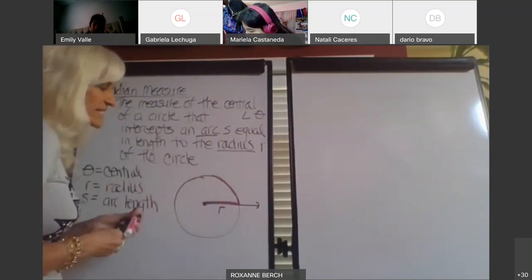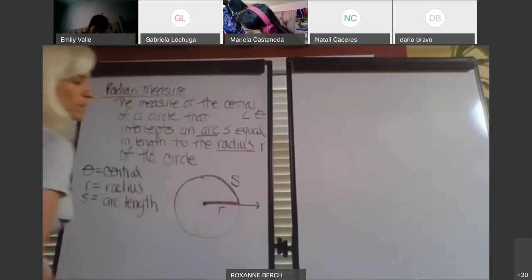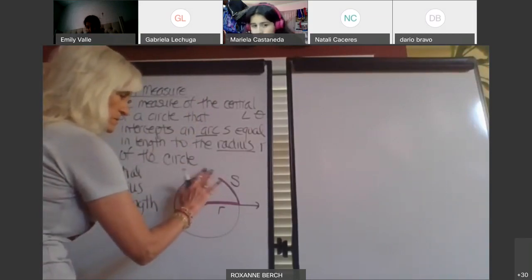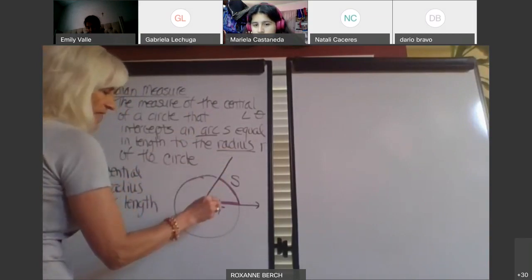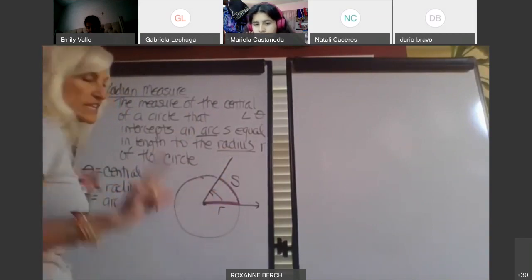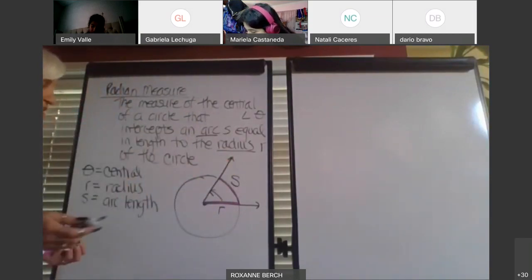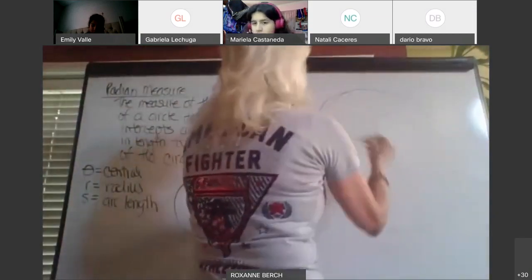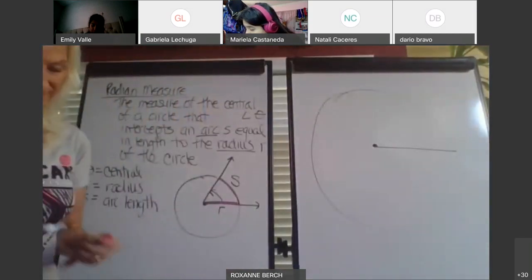So when the radius of a circle, of any circle, equals the arc length, you get this angle. And this angle is 1 radian. And so if I drew a circle this big over here, that's not the same radius, right?